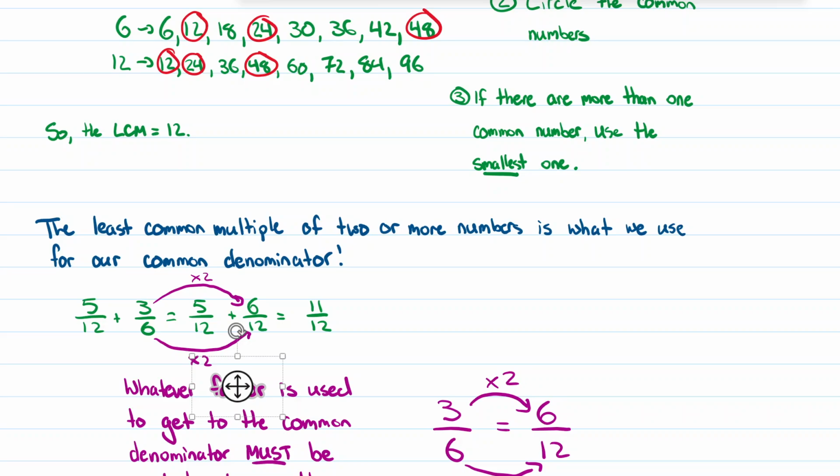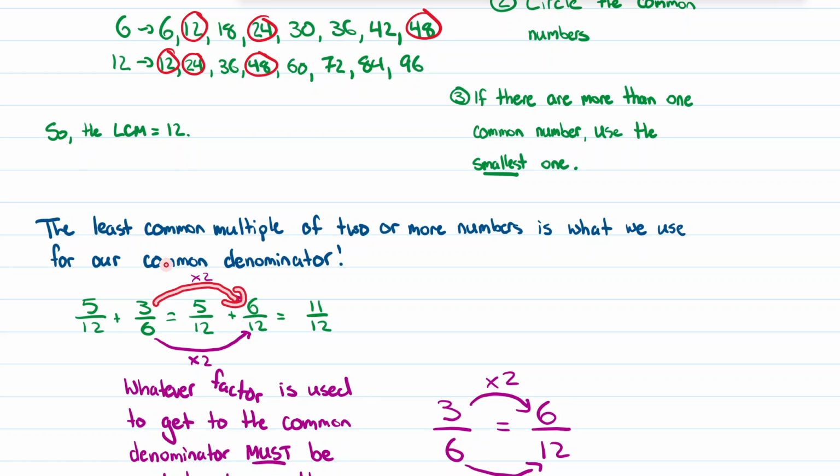Okay, so the least common multiple of 2 or more numbers is the number that we use for that common denominator. So if you see here, we've got 5 over 12 plus 3 over 6, just like we had above. We want to change this 6 to a 12 because this one's already a 12. So in order to go from 6 to 12, well, we multiply by 2. Whatever we do to that bottom number, that denominator, we also have to do to the top.